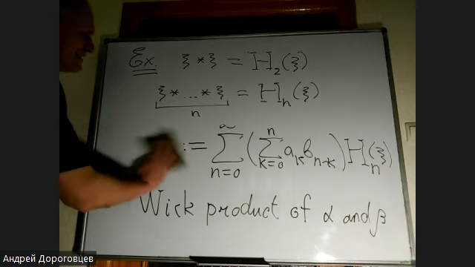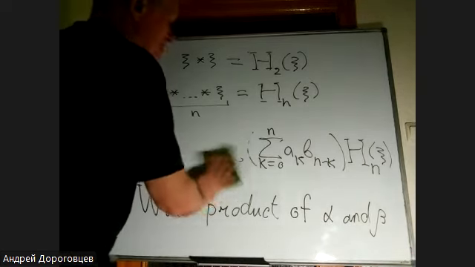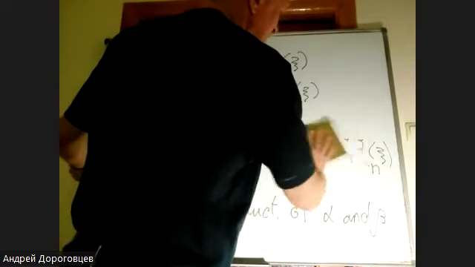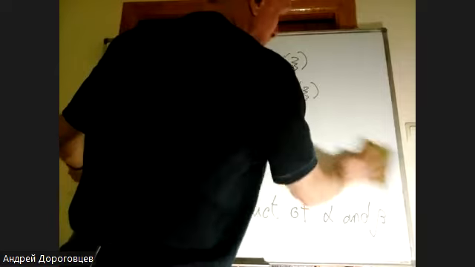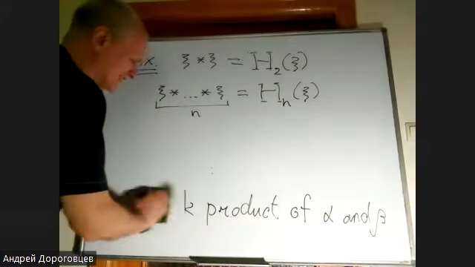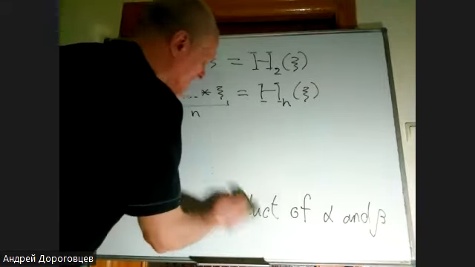One can see that maybe the Wick product is organized as follows. We just substitute powers of ψ by Hermite polynomials of the same order. It is true.